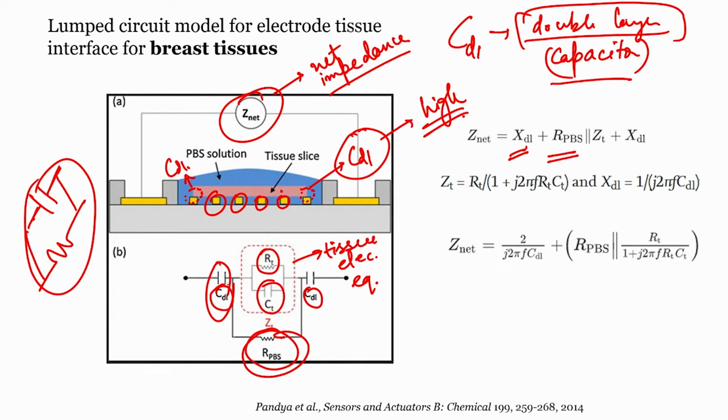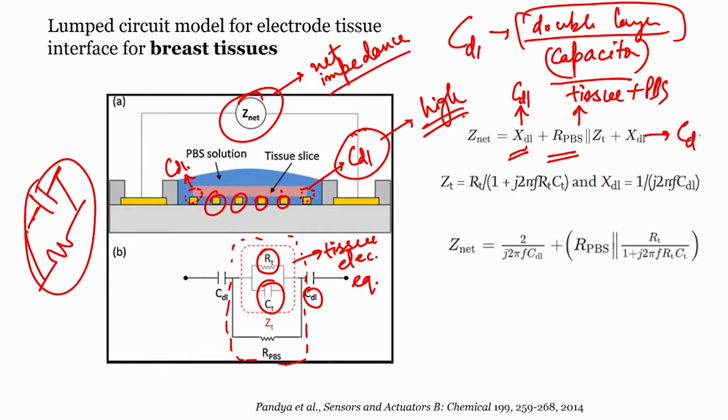Since it is a capacitor, it will just have a reactance, and then in addition you will have this entire thing in series with this double layer. So that is caused by CDL, this is your tissue plus PBS, and this is again CDL. So now are you able to imagine it again?